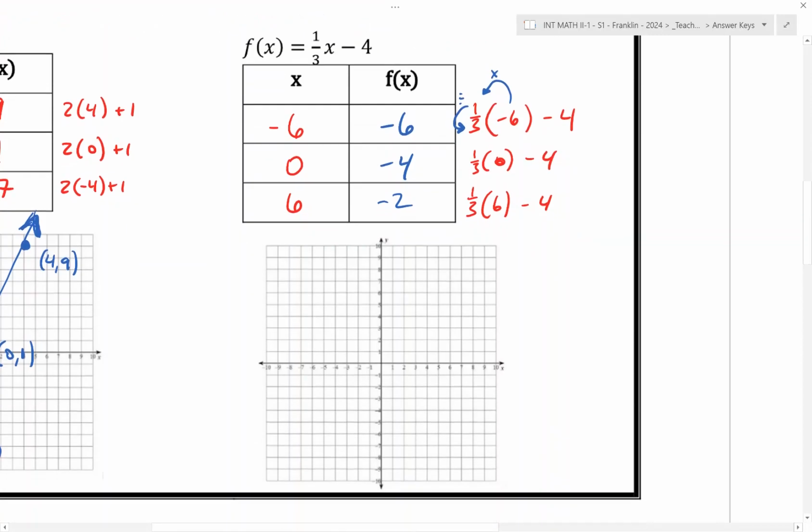So we can put those on the graph. (-6, -6) is left 6, down 6. (0, -4) right here on the y-axis, and (6, -2) is right here. So once again, we have a nice straight line.